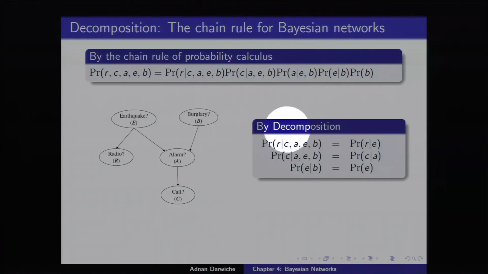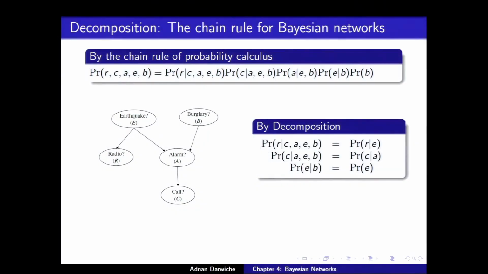Look at this guy. What does this say? Probability of R given what? Given everything else. What is that equal to? This is the parent, and these 3 are irrelevant given the parent. So this guy simplifies to that. You see that? If you look at this guy here, similarly you can simplify it to C given A, and so on.